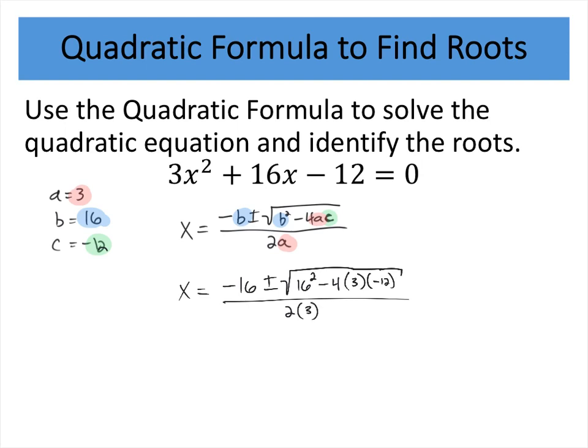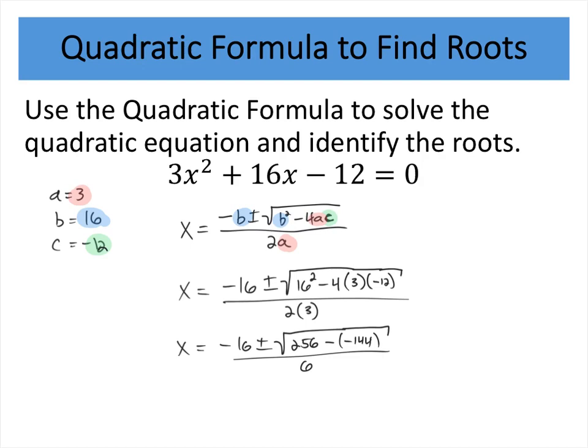And this is a game of just simplifying, so I'm going to go ahead and do that. x equals negative 16 plus or minus the square root of 256, that's 16 squared, minus 4 times 3 times negative 12, which is negative 144, all over 6. And there's a double negative there.